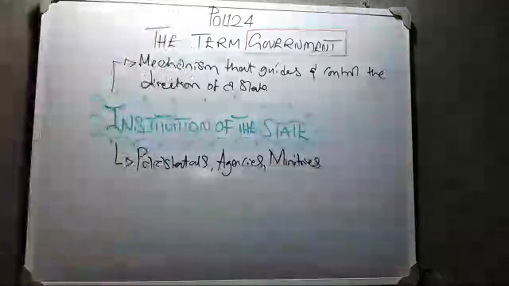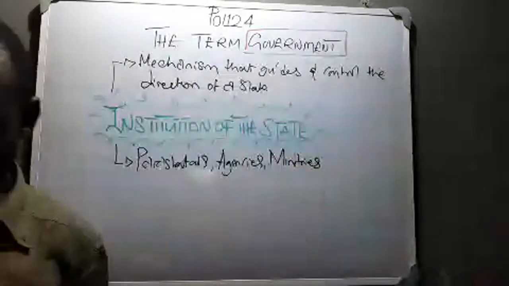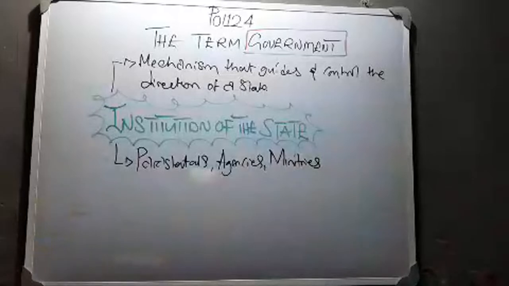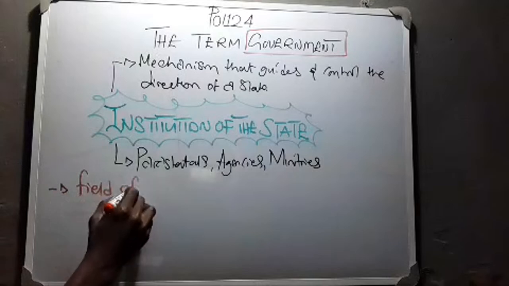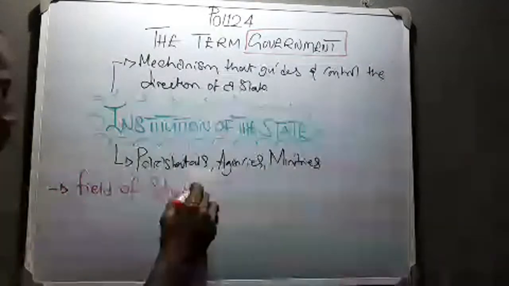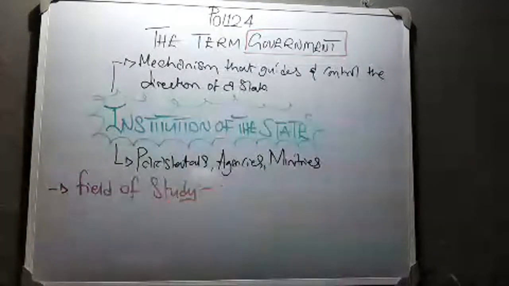A lot of these are in the Abuja area; a lot of ministries are there. So we have that as that. And we have government as a field of study.